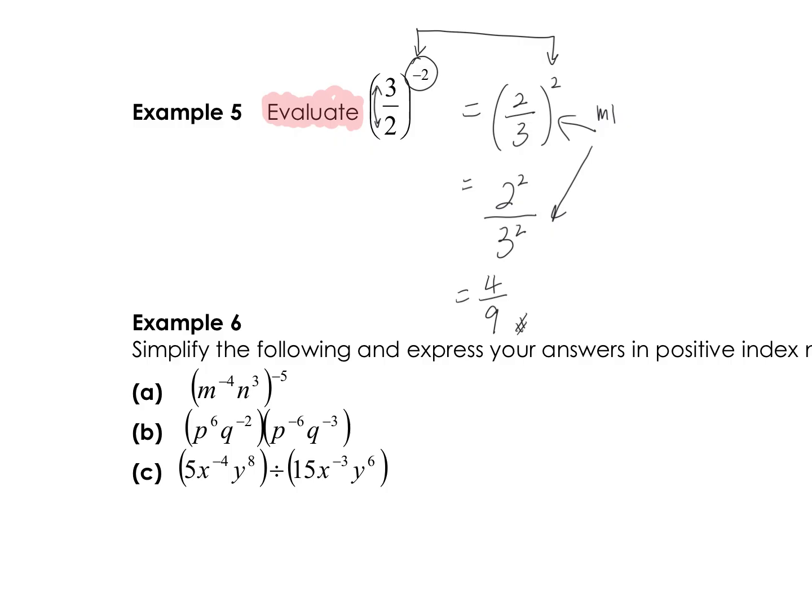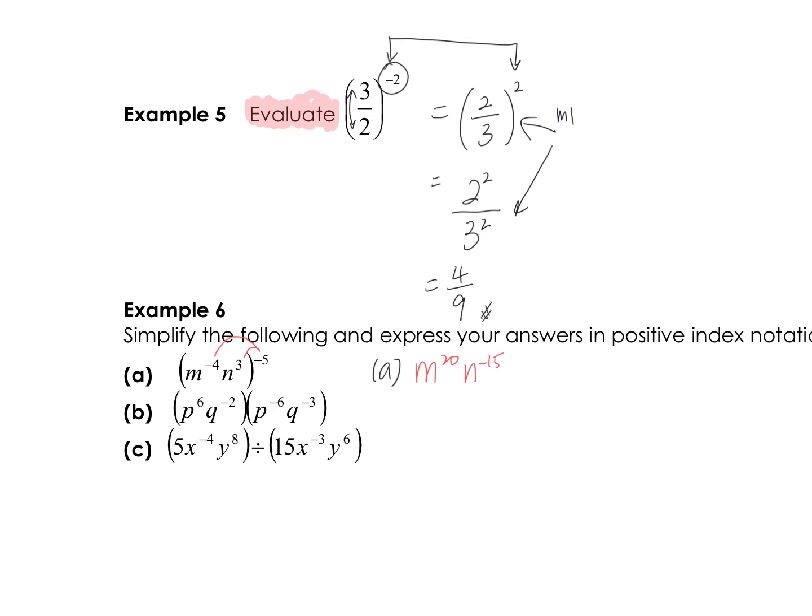Okay, Hashid, give me the answer for part A. When it's separated by a bracket, what do you do to the power? Okay, so what do you get? But if you look at the question, they want your index notation to be positive, meaning all the powers must be positive. So I need to change the negative one to positive.